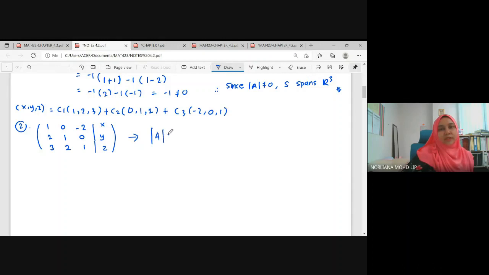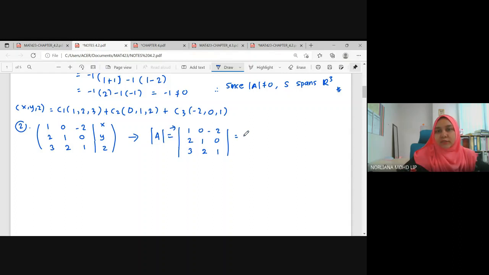Find determinant of A. So equal to 1, 0, 2. Okay, untuk find determinant saya gunakan first row. Awak boleh pilih lah nak gunakan mana-mana kan.